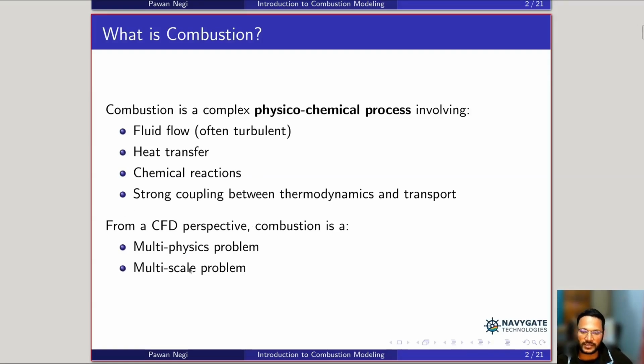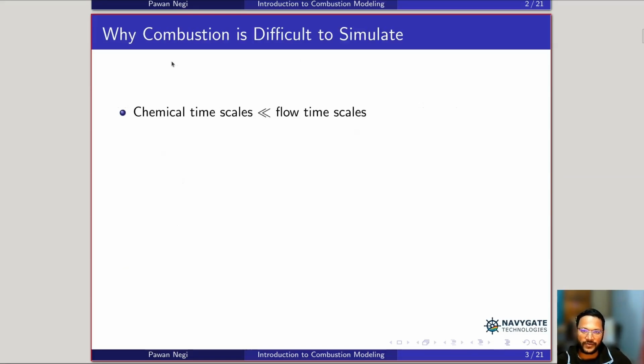As well as it is a multi-scale problem, because the chemical reactions take place in a very small time scale, in around 10^-10 to 10^-6 to 10^-2 seconds, and the fluid flows take place in 10^-2 seconds and upwards. Therefore this is a multi-scale problem. That's why combustion is difficult to simulate, because chemical time scales are very much smaller than the flow time scales.